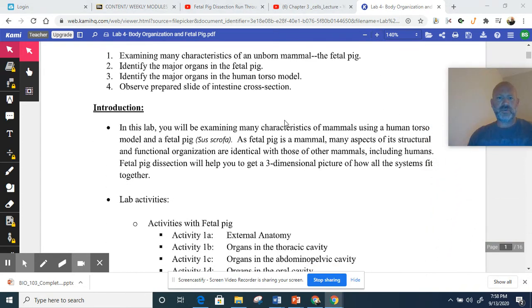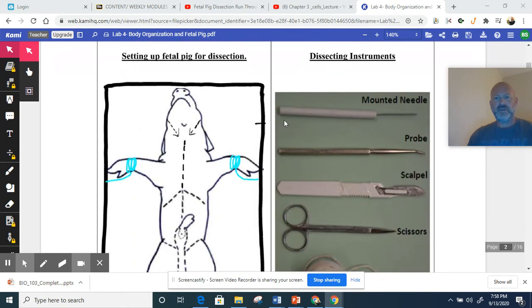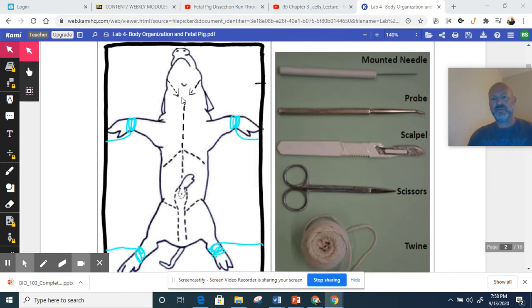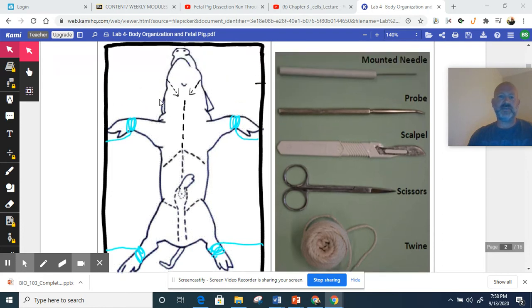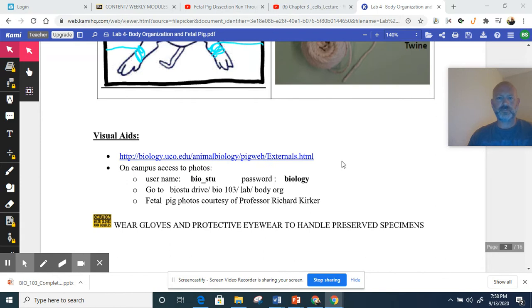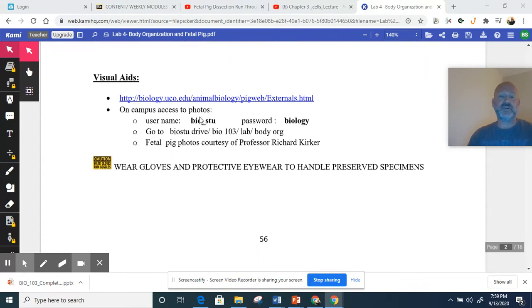Let's jump ahead here. This is just a diagram that shows you the different types of cuts that you would be making. It recommends that you tie the limbs back. These are the tools that you would be using. If you wanted another visual aid in addition to the ones that I'm providing you with, there's a link here that the college recommends.